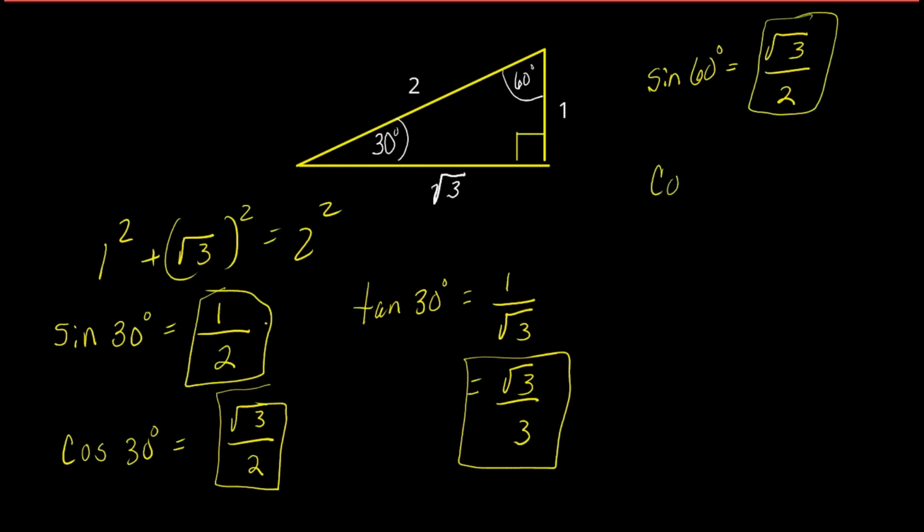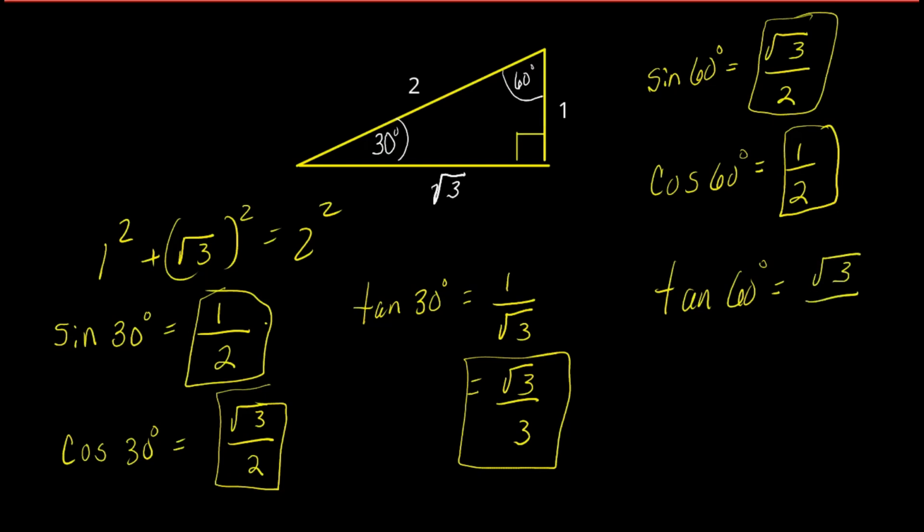Cosine of 60, adjacent over hypotenuse, so that'd be 1 over 2, final answer. And then the tan of 60, that'd be opposite over adjacent. That's the square root of 3 over 1, which is the square root of 3.